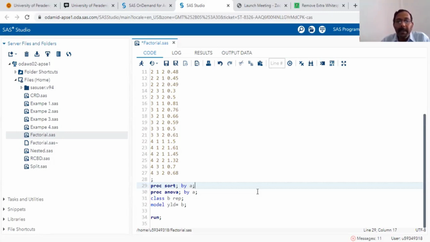Now the classified variables are B and rep, because ANOVA is going by A, so we cannot say A is a classified variable. Then the model: for each level of A, the model depends only on factor B, nothing else. No factor A, no interaction.